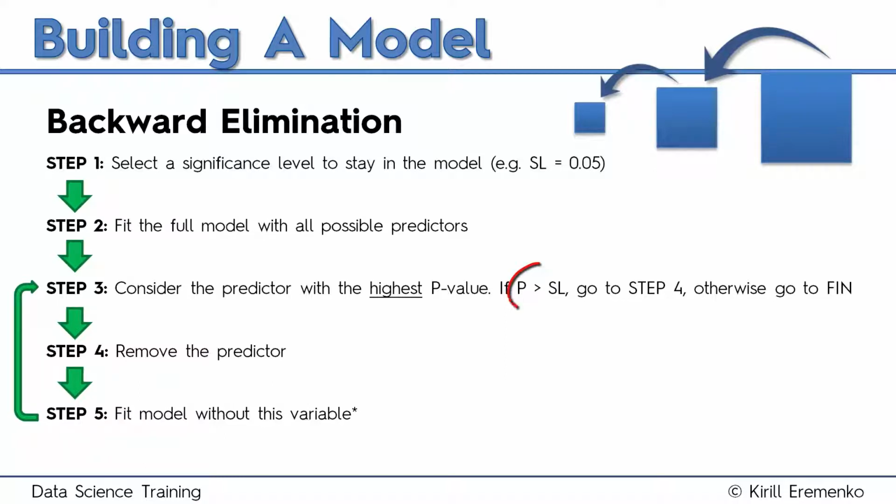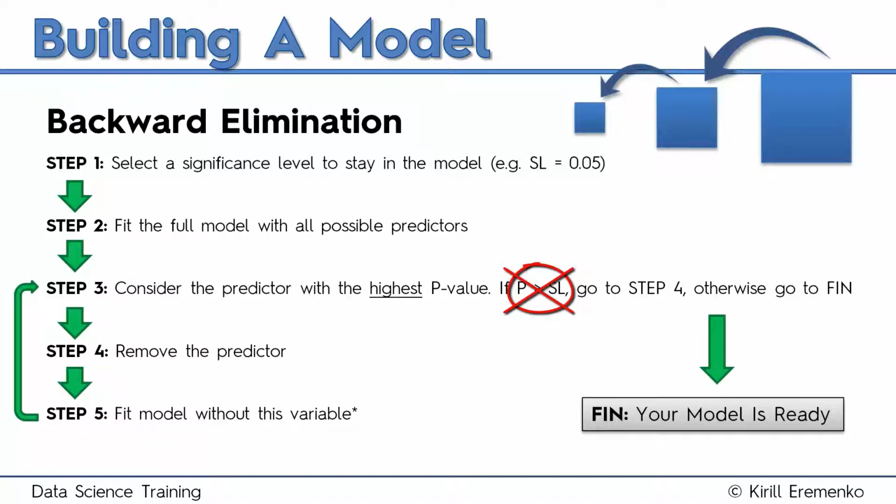So if that condition, p is greater than SL, is not correct, then you don't go to step 4 anymore, you go to FIN. In this case, FIN is the finish. Your model is ready. As soon as all of the variables that you have left in your model have p-values less than the significance level, your model is prepared. So that's how the backward elimination method works.